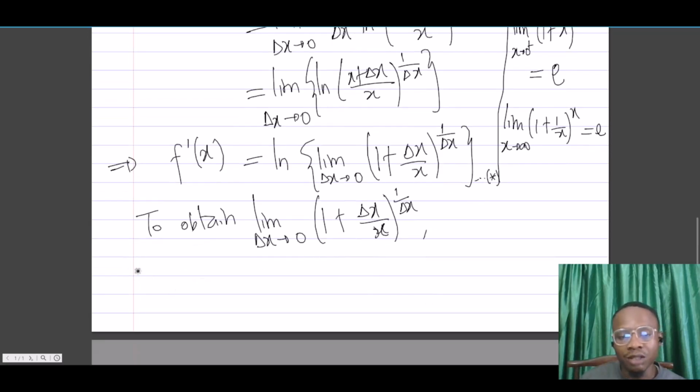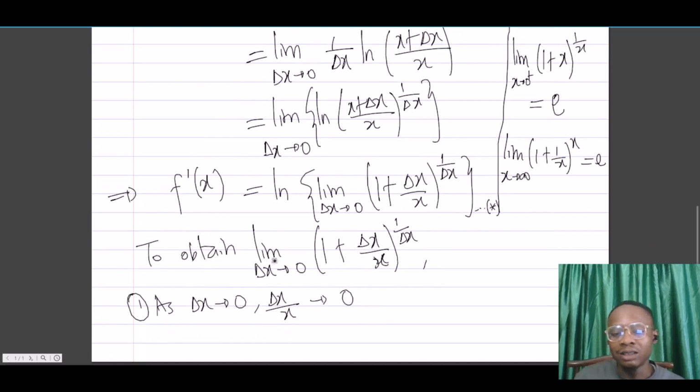We firstly observe that as delta x approaches 0, our delta x over x also approaches 0 since x is a constant. Okay, so if that is the case, then for our delta x approaching 0 here, we can actually replace it with delta x over x approaching 0.